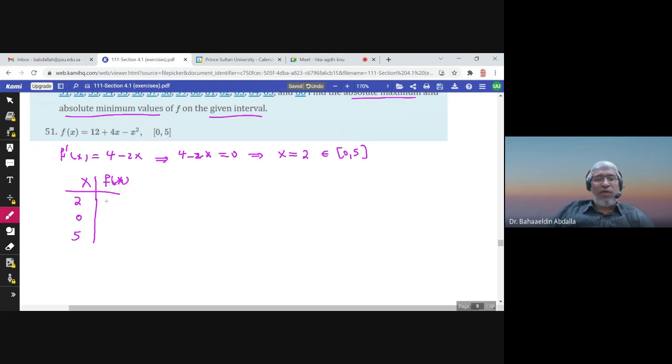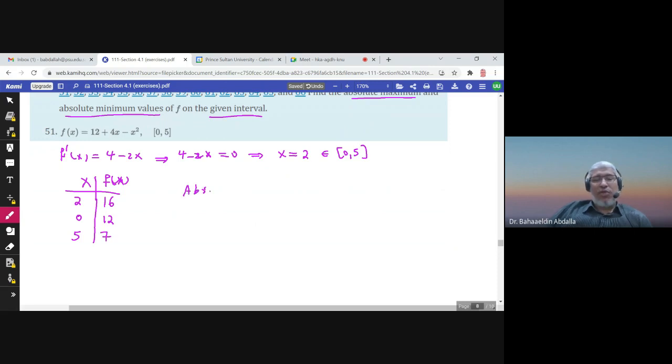And we find f of x for each one of these numbers. So f of 0 is 12. And f of 2 would be 12 plus 2 times 4, 8, minus 2 squared, which is 4. So the answer is 16. And f of 5 is 12 plus 4 times 5, 20, minus 5 squared, or 25. The answer is 7.